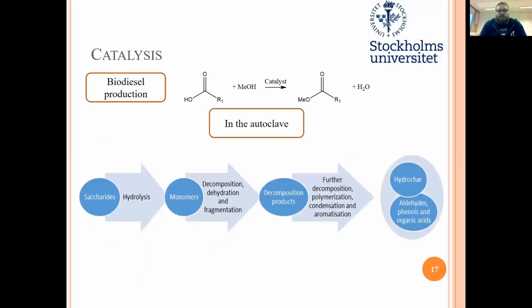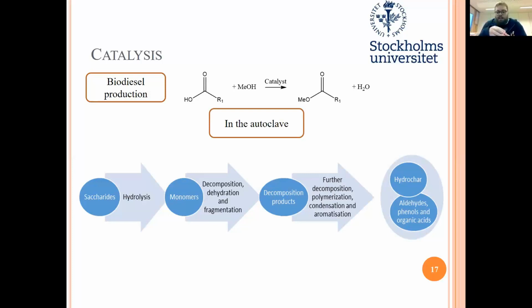So, a very brief overview of what happens inside an autoclave, which we can see in this very simple schematic. We start with saccharides that first hydrolyze into smaller monomers, which can be sugars, mostly glucose, which is the most abundant. Then these monomers decompose, dehydrate, and fragment into smaller decomposition products that are more reactive.